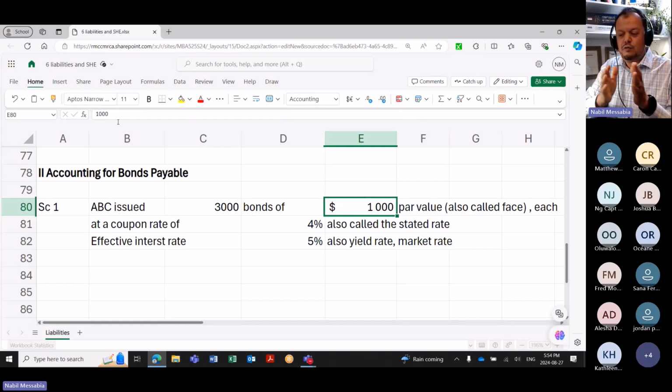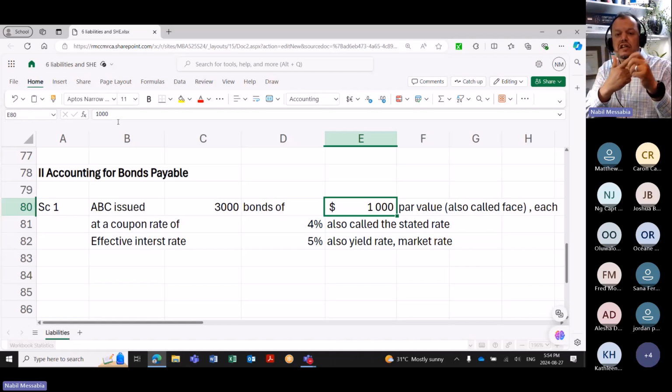So what is the usefulness of this par value? Just for calculations. Calculation of what? Of the interest that is going to be paid to the holders. We are going to pay the holder at every payment period $1,000 times 4%. That is the basis of calculation of the interest that is going to be paid.